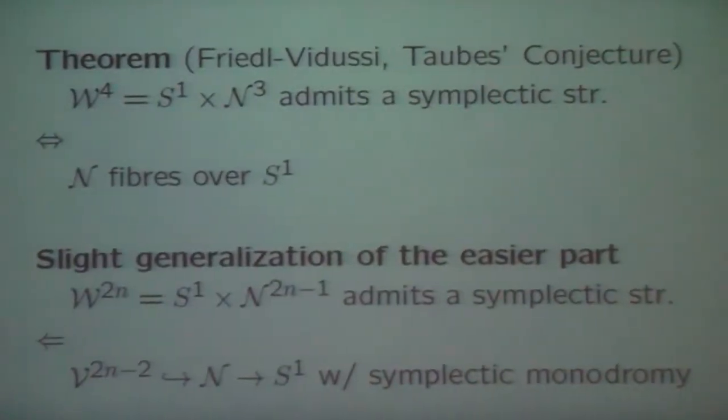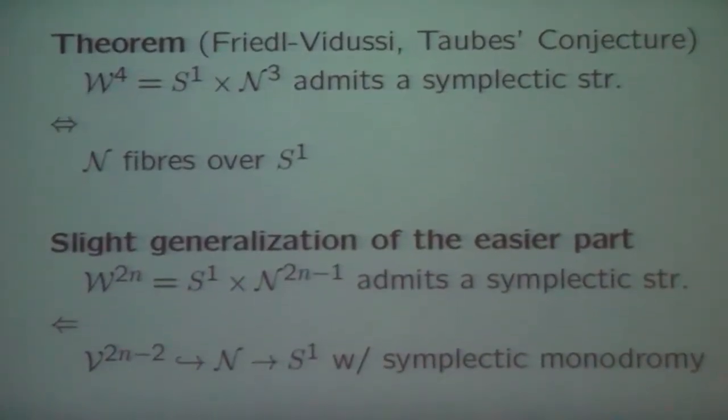there is a generalized interpretation of why the Kodaira-Thurston nil manifold admits a symplectic structure. Beforehand we called it Thurston's conjecture. Now it's a theorem of Friedl and Vidussi.